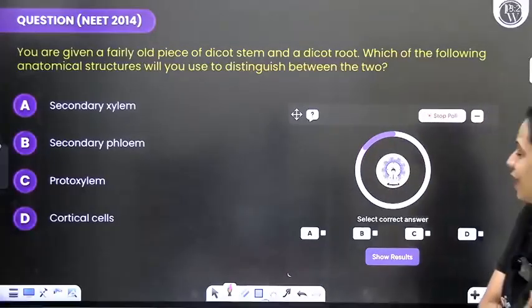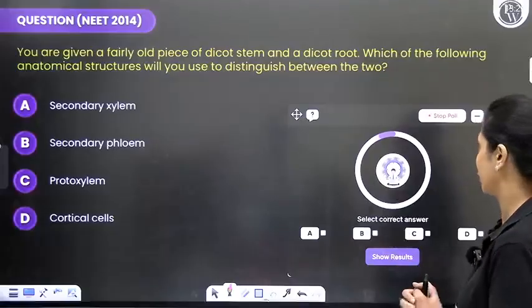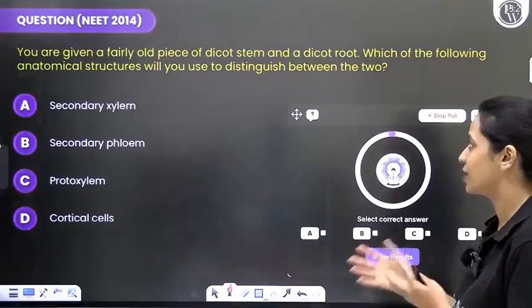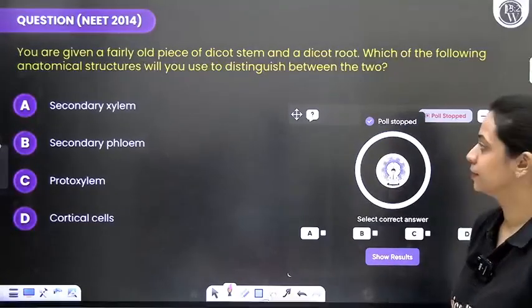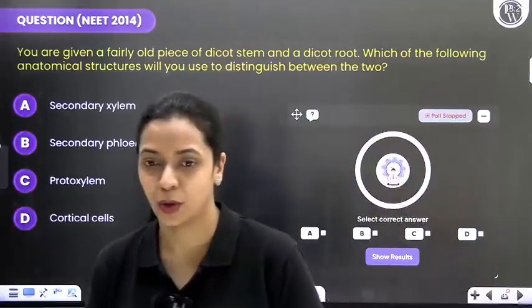You are given a fairly old piece of dicot stem and dicot root. How will you distinguish between the two? Based on what can you distinguish between a dicot stem and a dicot root?